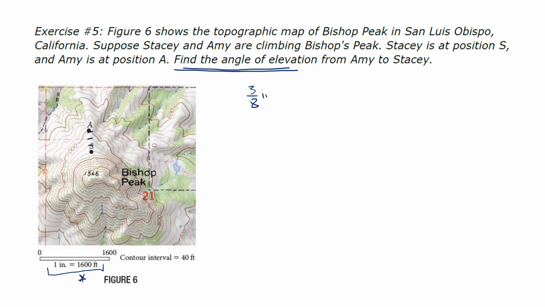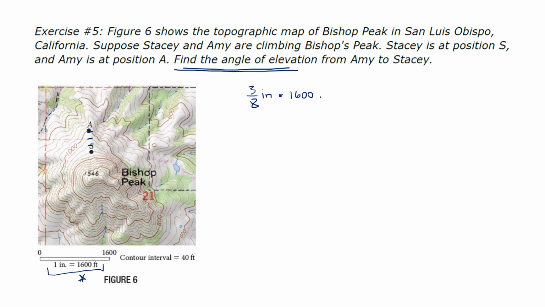So, since I know the distance between them is 3/8 of an inch, I can find their actual distance between them. So I'm going to take 3/8 of an inch and multiply it by 1,600. Why am I going to do that?